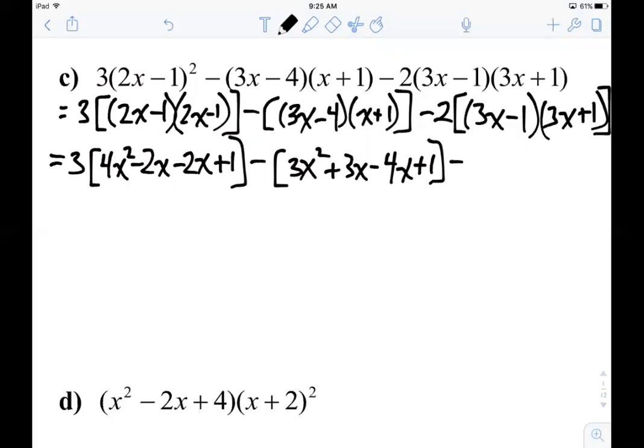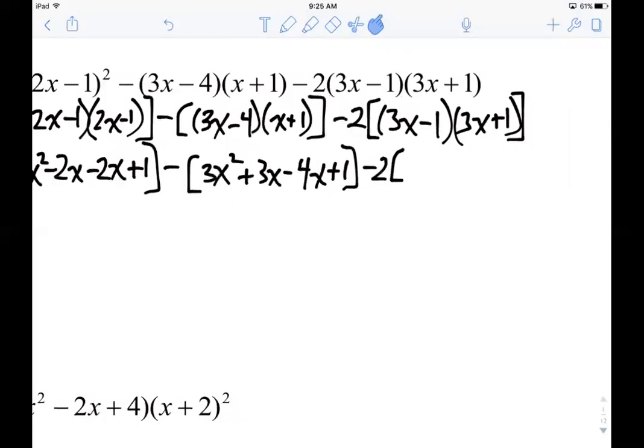And this is going to be minus 2 times whatever I get in this last one. I'll give myself a little more room, which would be 9x squared plus 3x minus 3x, and then minus 1.